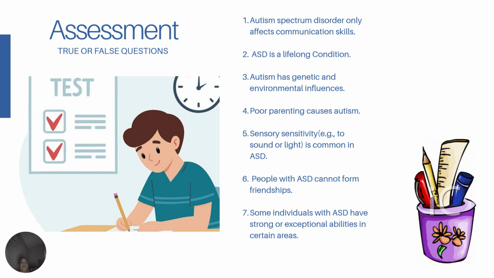And number four, poor parenting causes autism. And number five, sensory sensitivity, sound or light, is common in ASD. And number six, people with ASD cannot form friendships. And last, some individuals with ASD have strong or exceptional abilities in certain areas. Please pause the video and write down your answer.